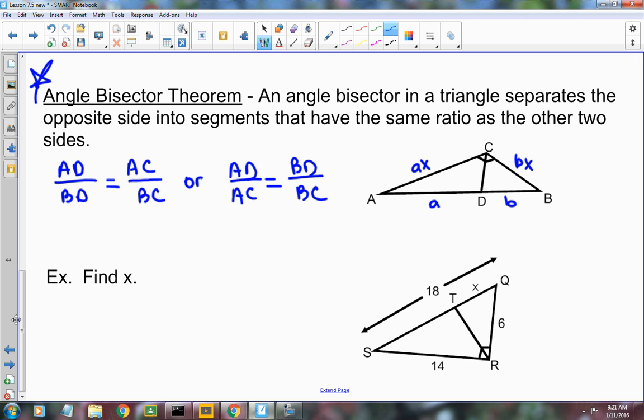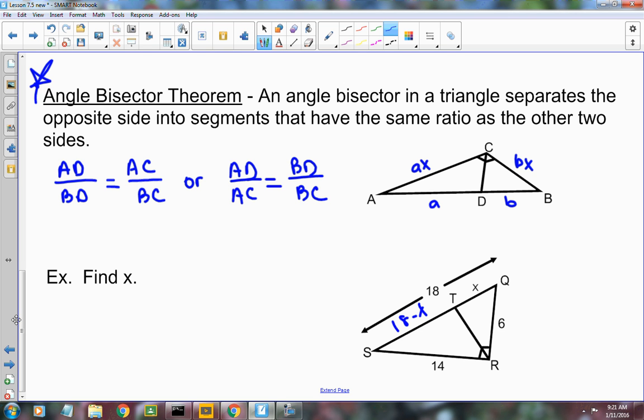Okay, so in this next problem, we see here that RT is an angle bisector by the marks there, okay? And I want to find the value of X. So what am I going to have to do? What do I represent ST with? 18 minus X. Okay, so remember, this angle bisector breaks this into a ratio that's the same as the other two sides.